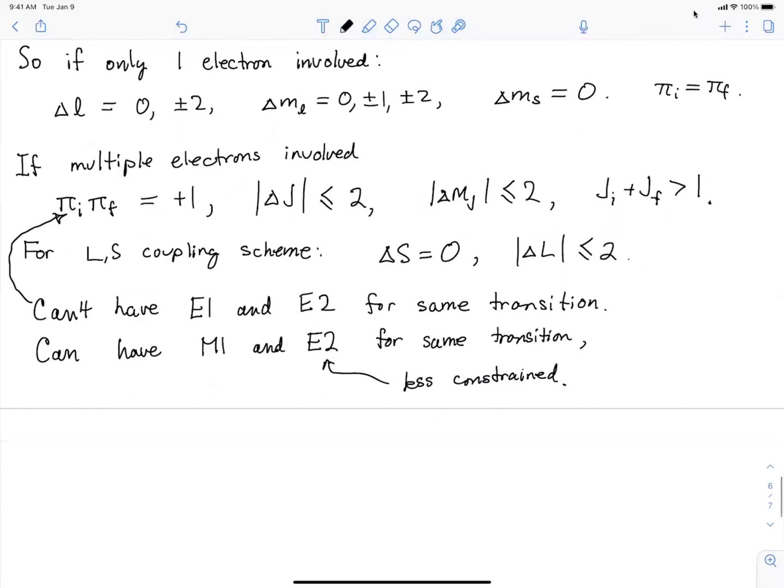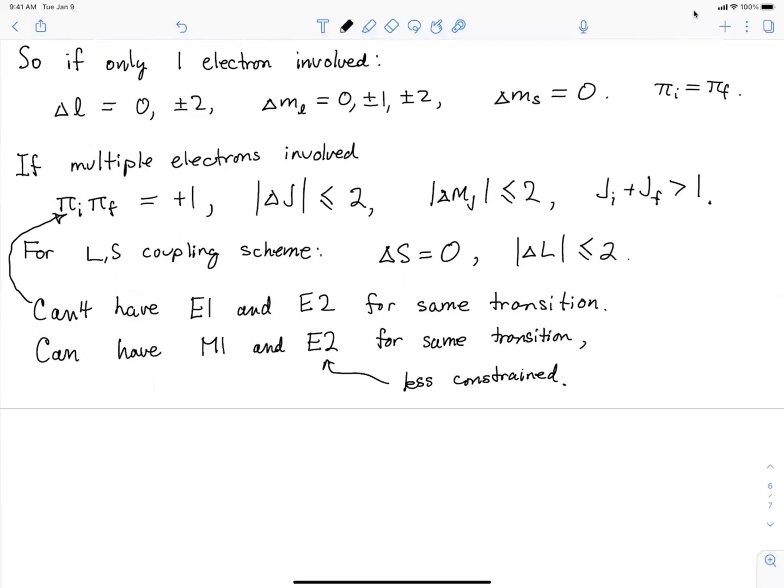Okay, so now this explains, by the way, why we spent time learning how to figure out what the spectroscopic term notations were, first for the hydrogen atom, then for helium, and then for more general atoms, is because now we can apply these rules.